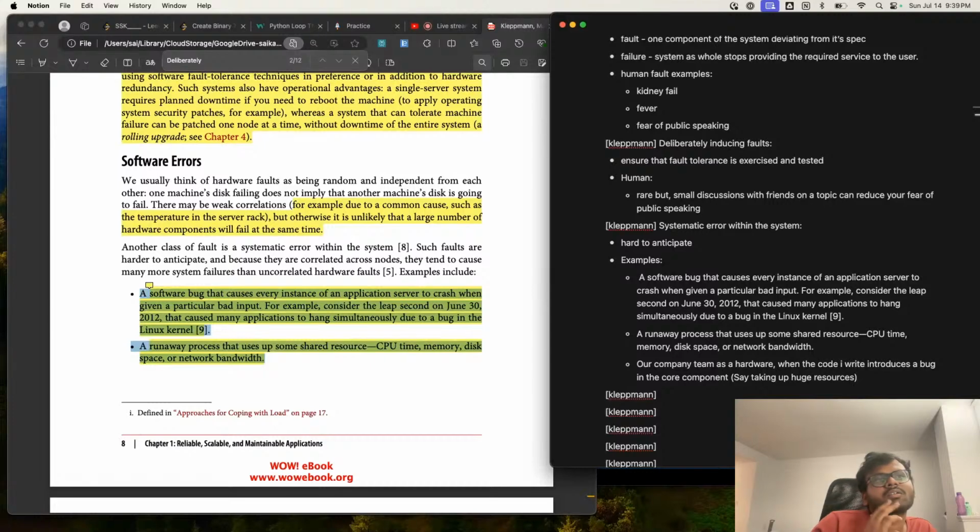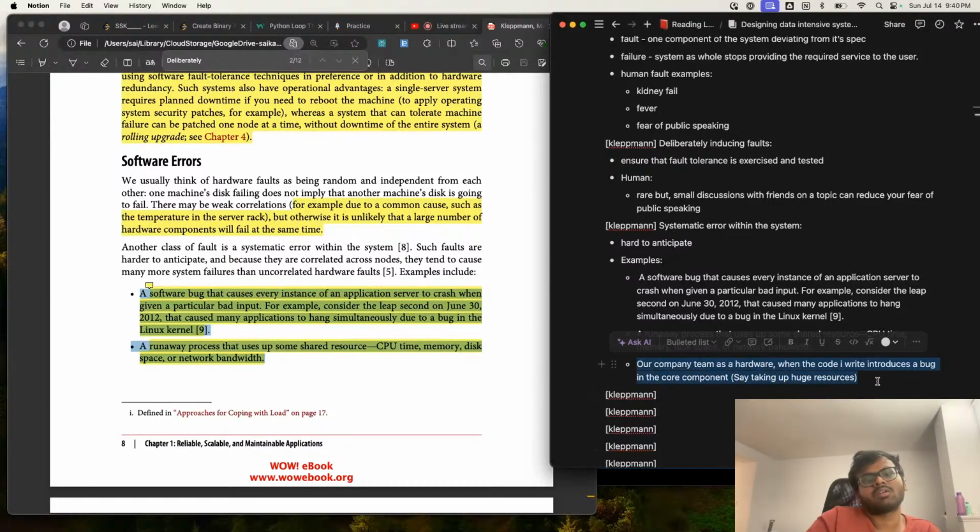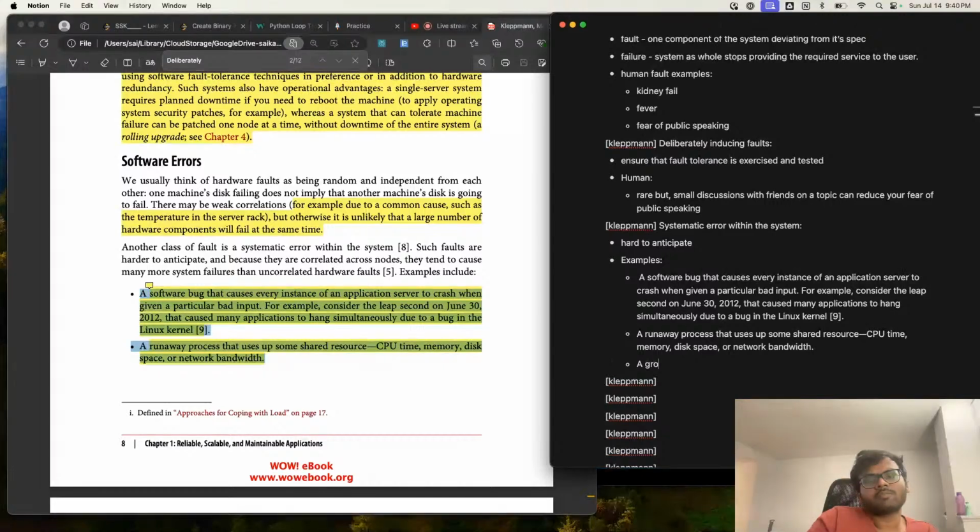And okay, a group of people are hardware systems going on a hike. The goal is to complete the hike and have a good experience.